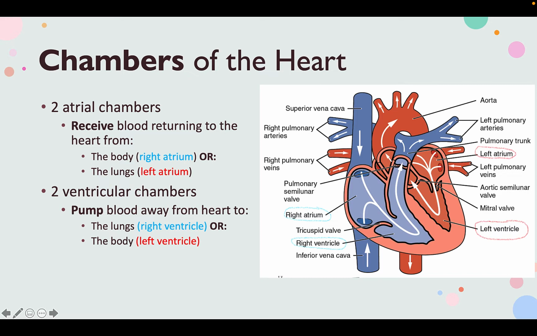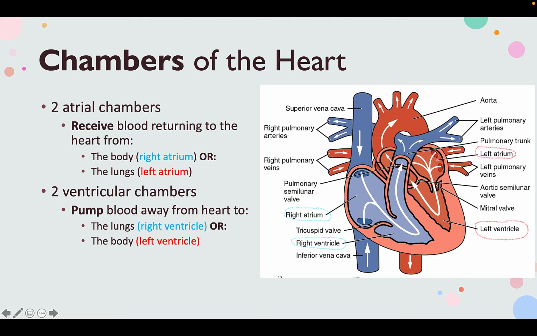Okay, so getting our colors straight here, the right atrium and the right ventricle are deoxygenated, and then the left atrium and the left ventricle are oxygenated. So we have our two atrial chambers, one deoxygenated, one oxygenated, and we have our two ventricular chambers, one deoxygenated and one oxygenated.